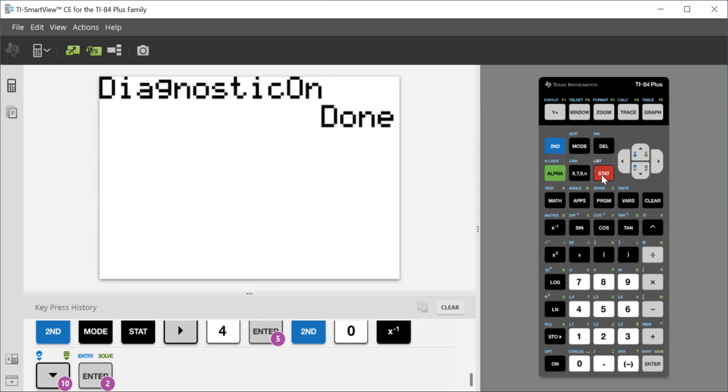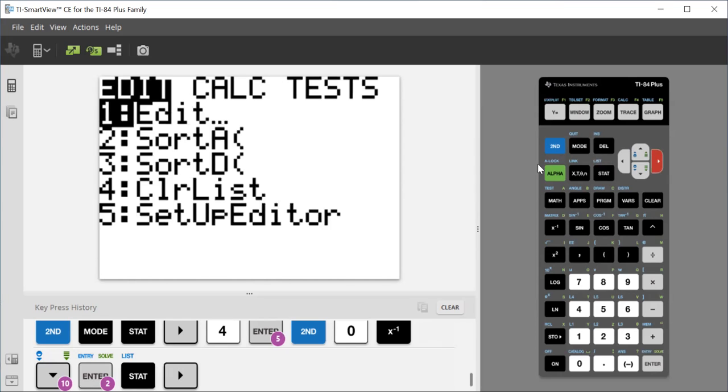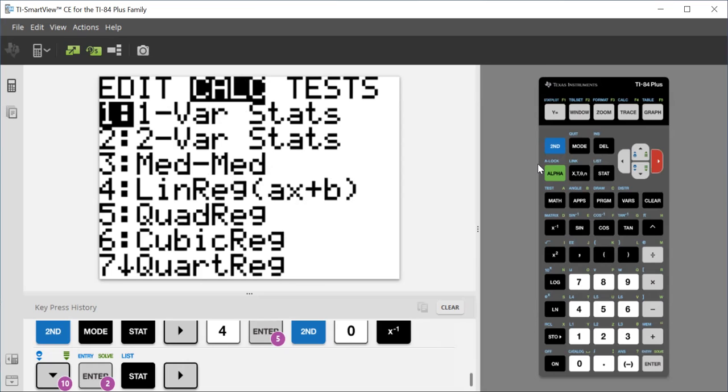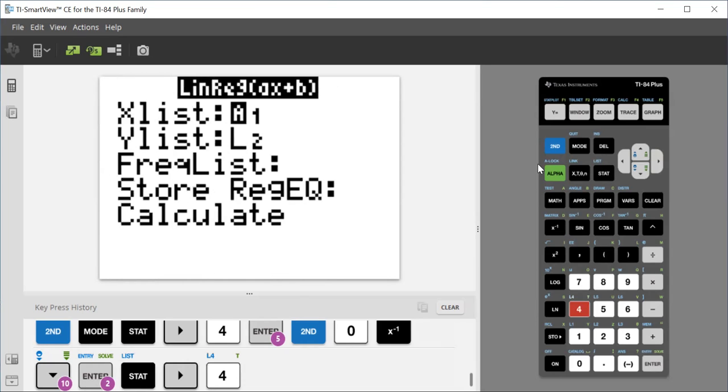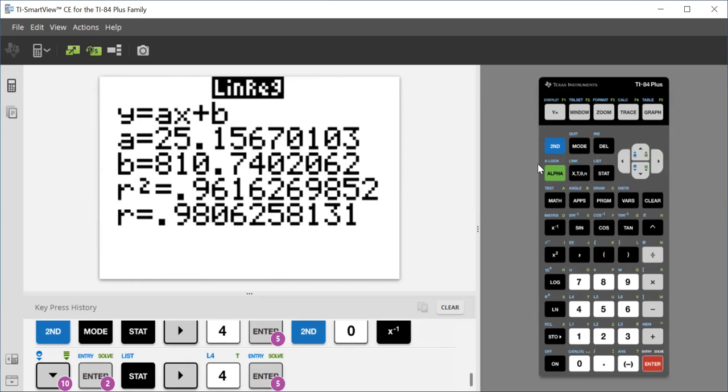So that's pushing stat, arrow over to the calculate menu, and you want option number 4. You can either arrow down and click it, or you can push the number 4 and then go to the bottom and calculate again. So now you see 2 extra pieces of information here. We get an R and an R squared. So sometimes you're going to look at R, sometimes you're going to look at R squared. They have a slightly different meaning, but basically the same thing.